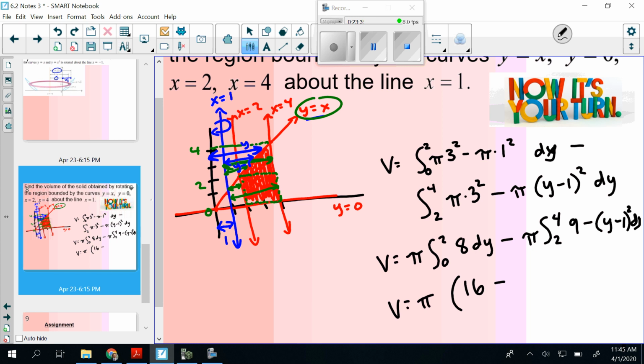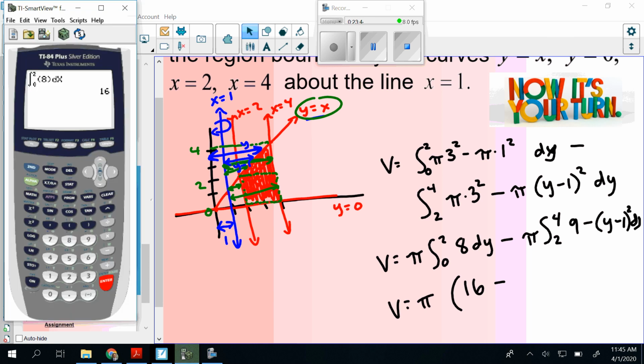Now let's see what this second one is going to evaluate to. So this one's going to be from 2 to 4, and then we have 9 minus the quantity y minus 1, but we'll use x here with our calculator.